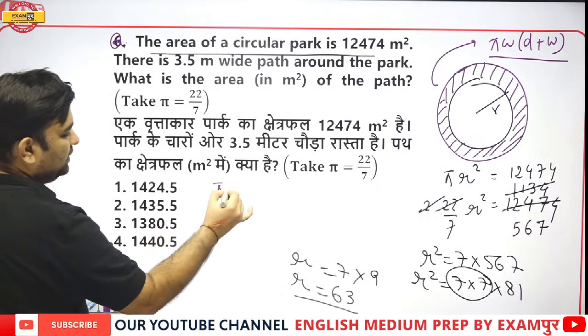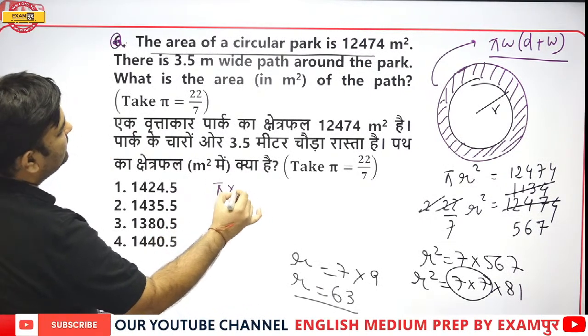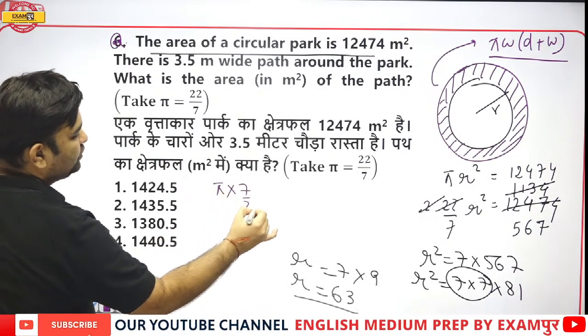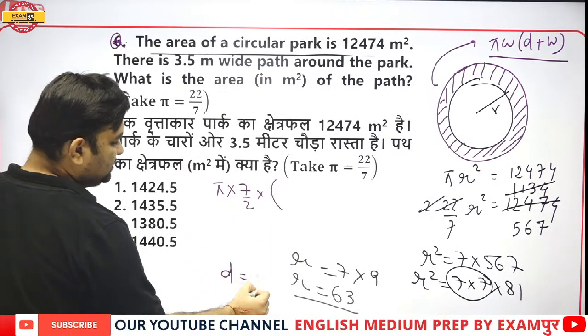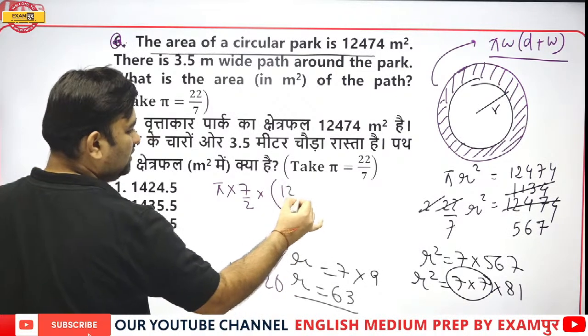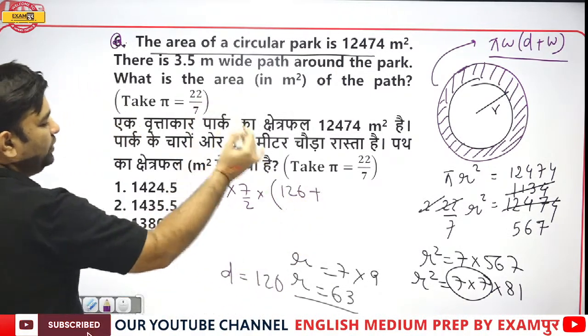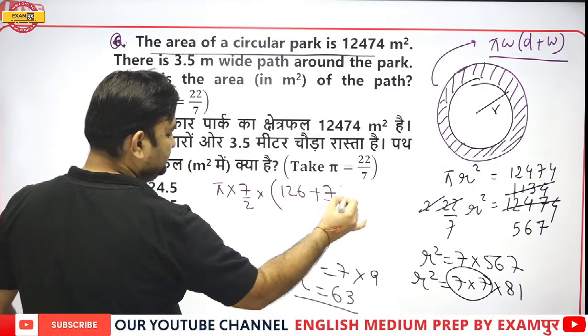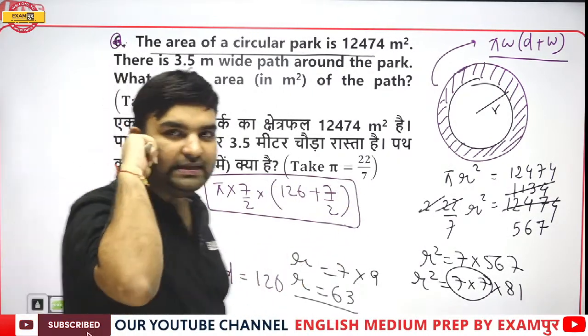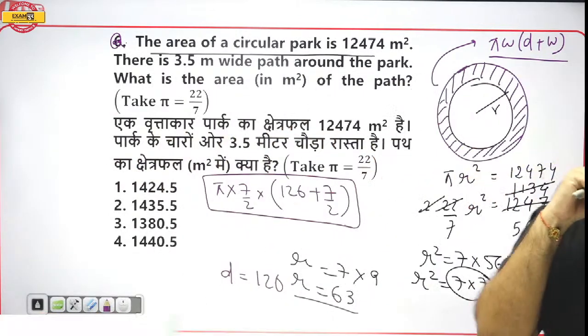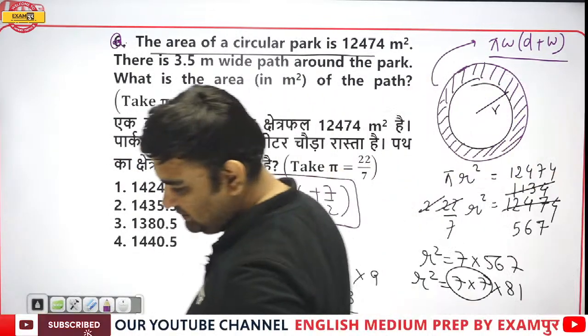So pi, width is 3.5, that is 7 by 2. D is diameter. Diameter is 126. W is again 7 by 2. This will give you the answer as it is.